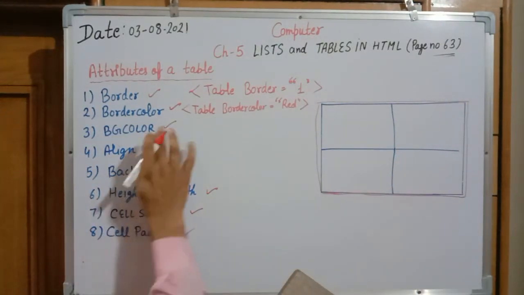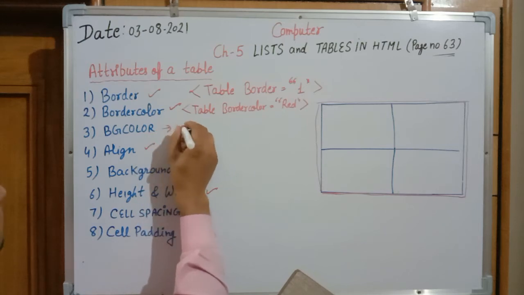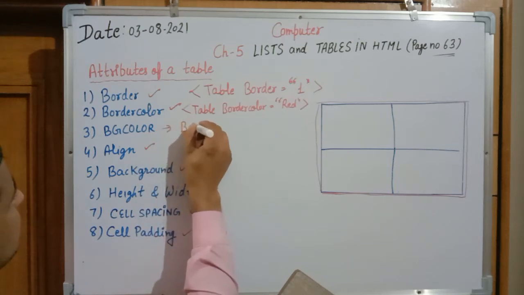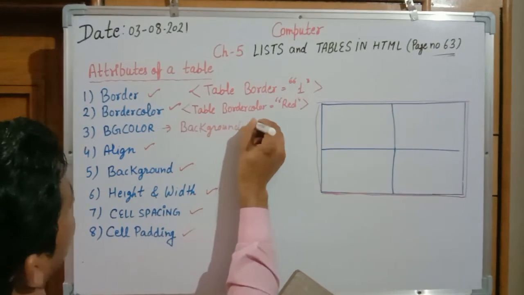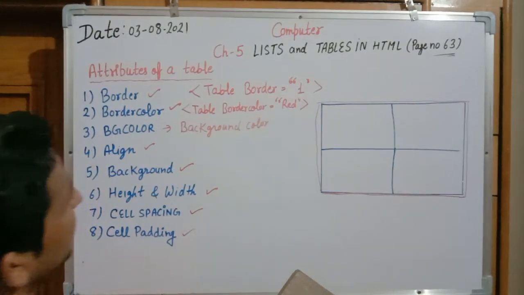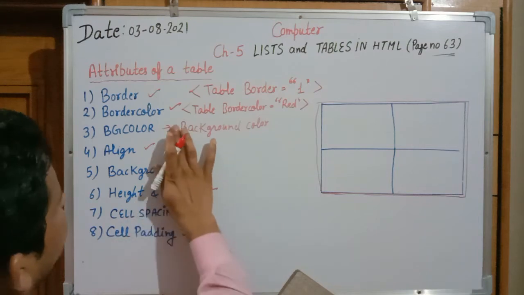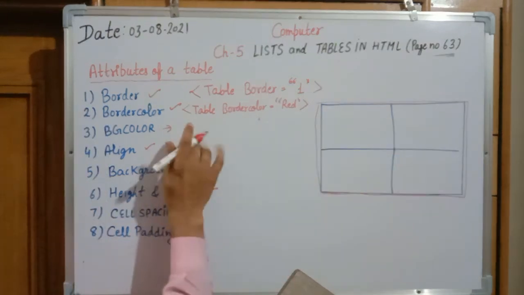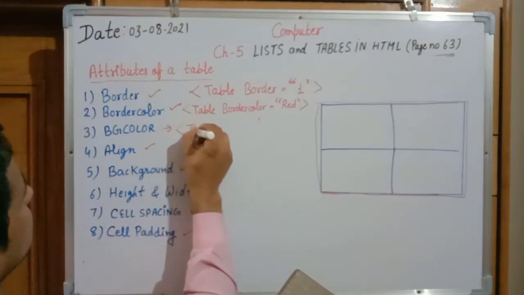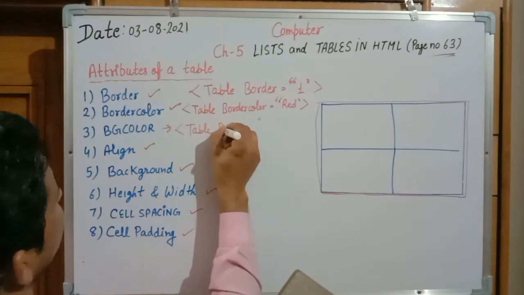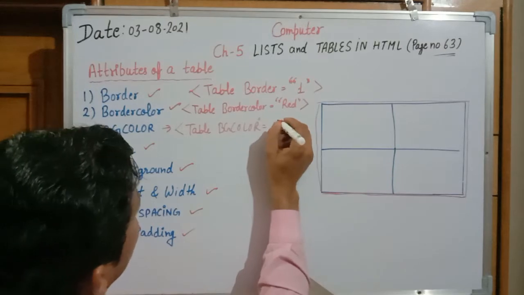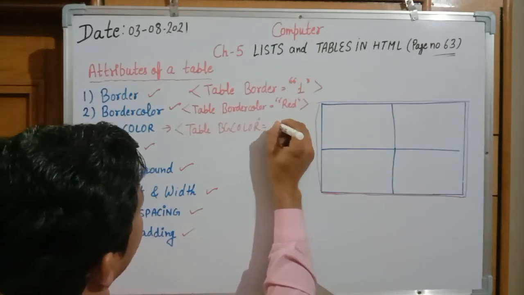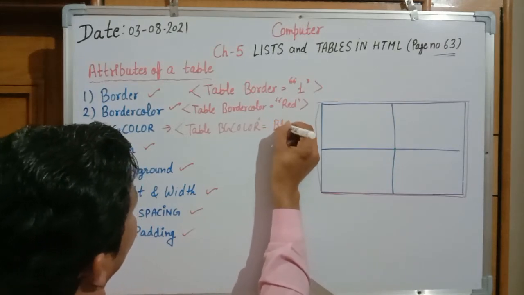Next is BG color. BG means background color. How to give the BG color? For that we can write table BG color is equal to black.